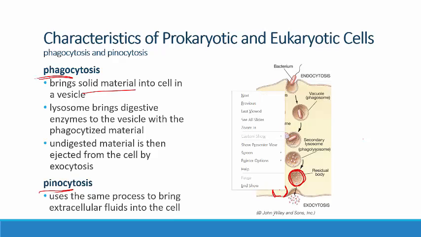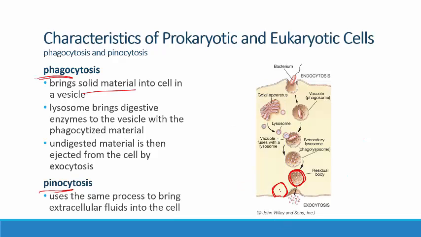We bump it up against the cell membrane. Now, as the cell membrane fuses with the vesicle, that opens up and dumps everything out via a process called exocytosis, also requiring ATP energy.